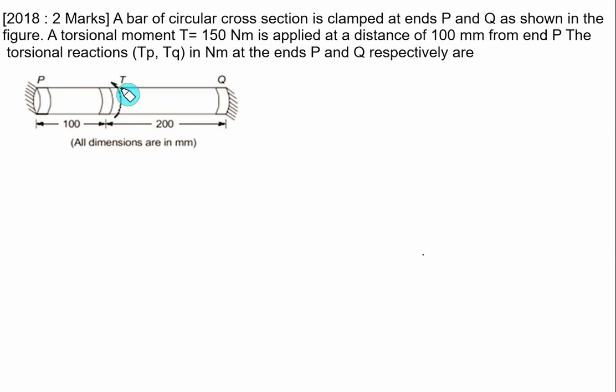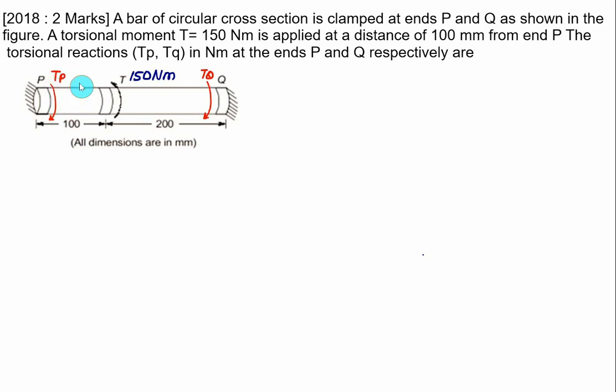So the external torque applied here is equal to 150 Newton meter. So this one is 150 Newton meter. The reaction will be exactly opposite in the sense of the external torque. So we'll show the reaction in the opposite direction at point Q. So this one is our TQ, and the same reaction we'll show at P also, that is TP.